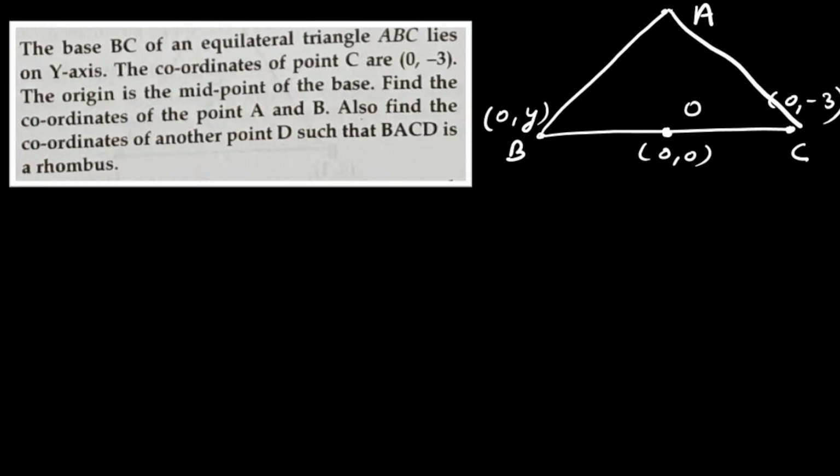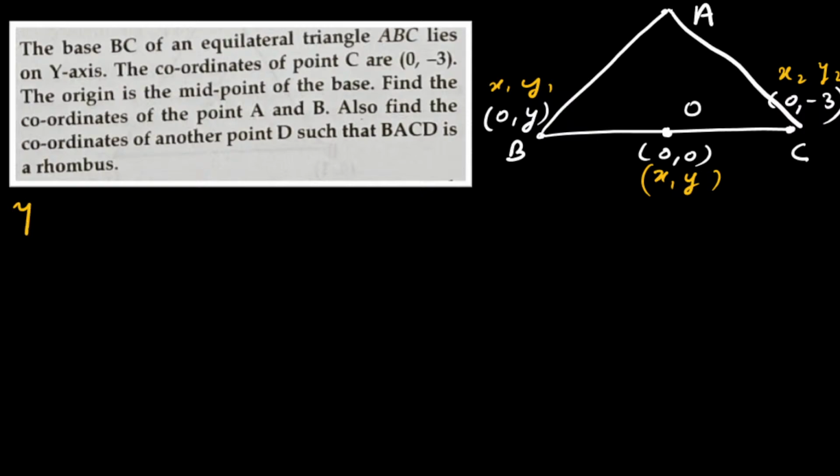Because it's given to us that the origin is the midpoint of BC, we can use the midpoint formula. See here, I'll consider this as x1, y1, and the coordinates of C as x2, y2. We can use the midpoint formula. For x, there is no need here because everything is 0. We can use the formula for y.